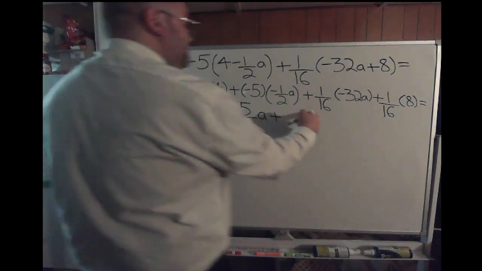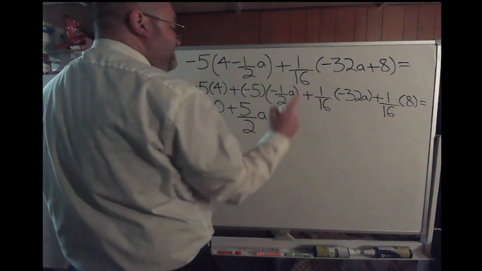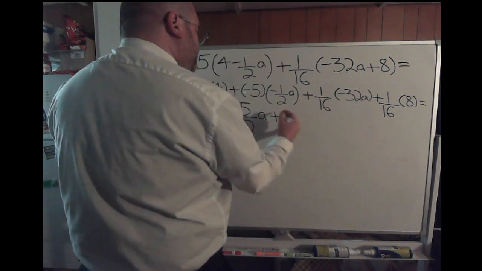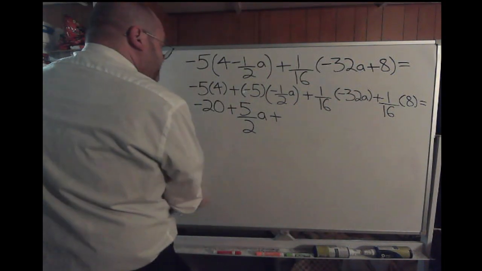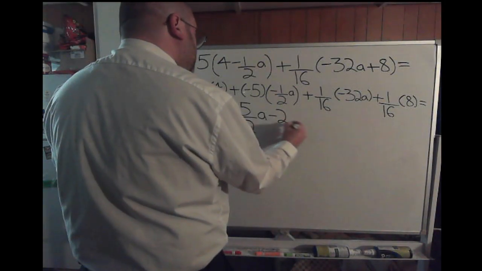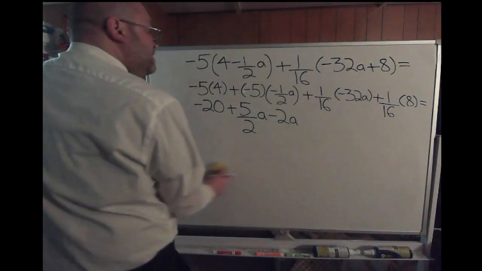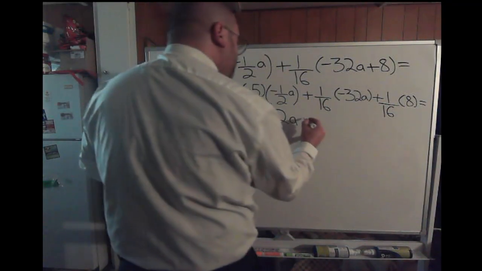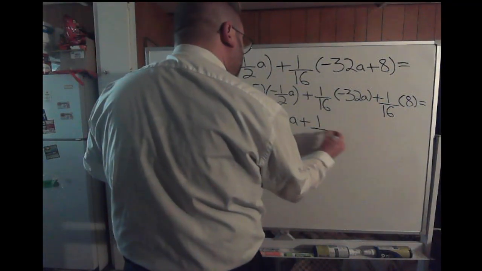Plus you have 1/16 times negative 32. Well, that would give you negative 2a, so actually that could be minus 2a. Plus 1/16 times 8, which would give you 8/16, which would give you 1/2.